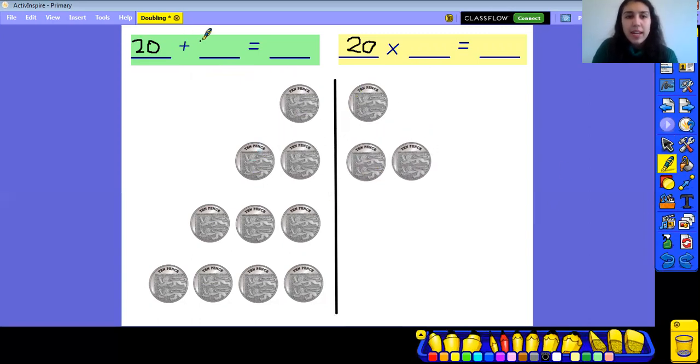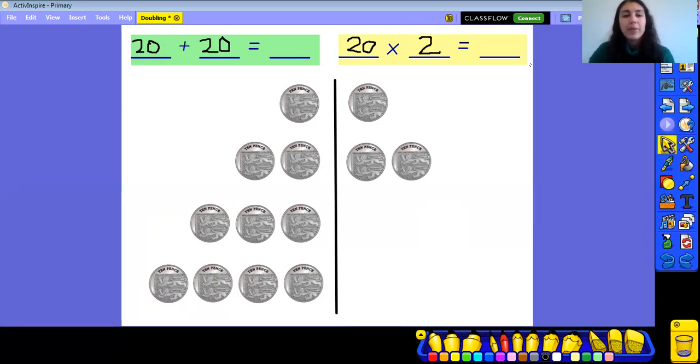So that would be 20, add 20. So we show doubling as an addition by saying I've got the same addend 2 times being added. But we could write it as a multiplication because we know that I've now got 2 equal groups of my 20. So I've got 20 2 times.